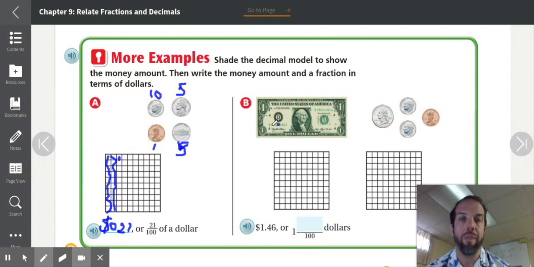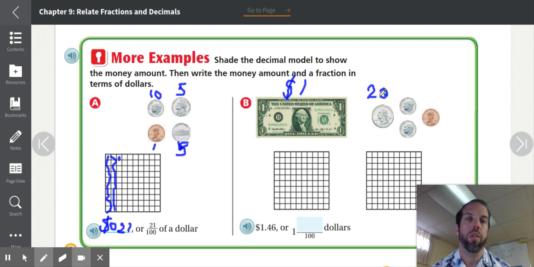Moving over to B. Now I have 1 whole dollar. All right, so what I'm going to do is I'm going to put a dollar sign and 1. Okay, I want to put the dollar sign because that's letting me know I have a whole, in terms of money. Then I have this big coin here. This is called my quarter. All right, and that's George Washington on the quarter, our first president. Okay, and then I have 2 dimes.